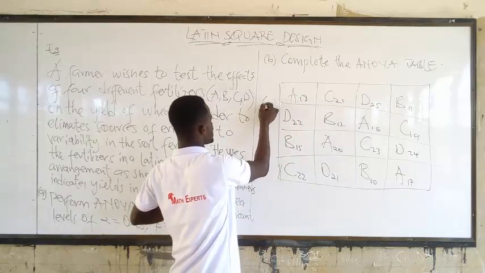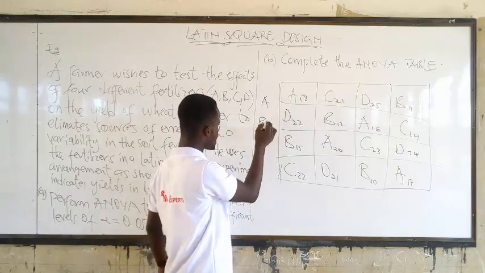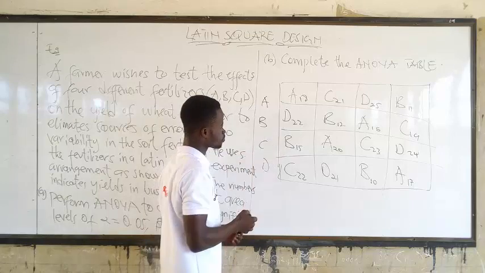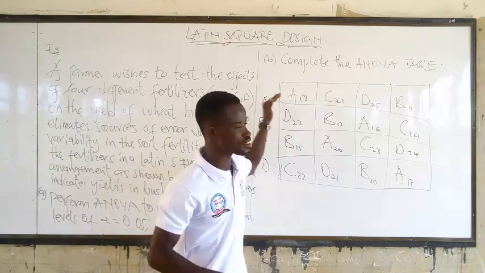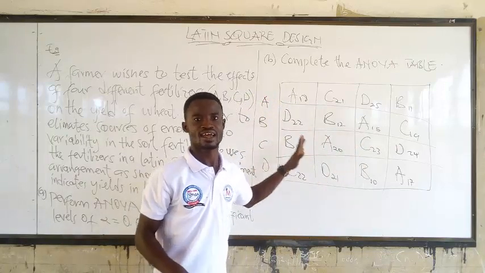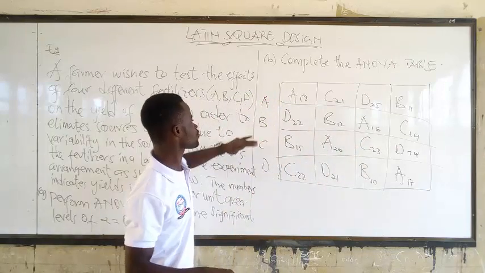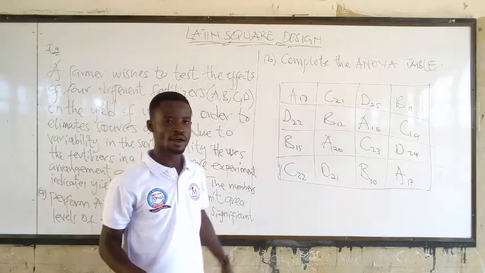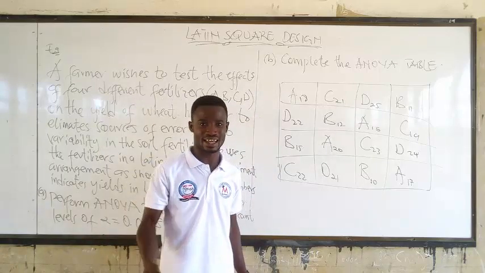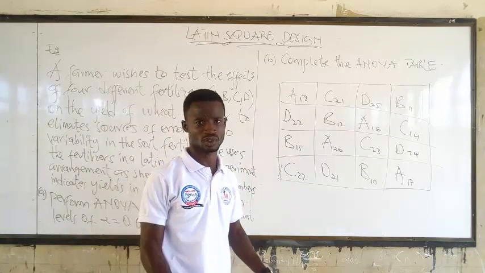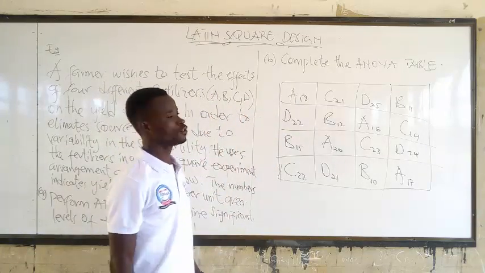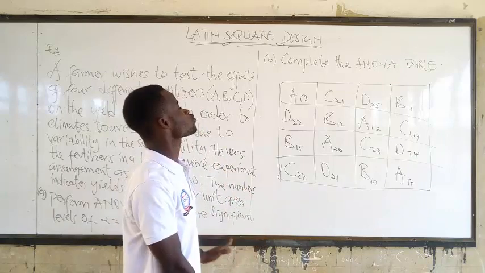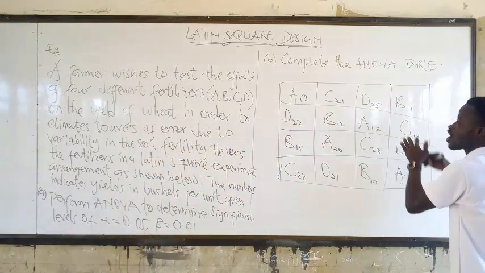Let's say you have your A here, you have your B here, your C and your D. Then you pick up the A's, the B's and the C in the arrangement form like that. But in the lattice square design, we don't do that. We consider it as what you see there. So the first thing to do is to sum up all the rows and all the columns.